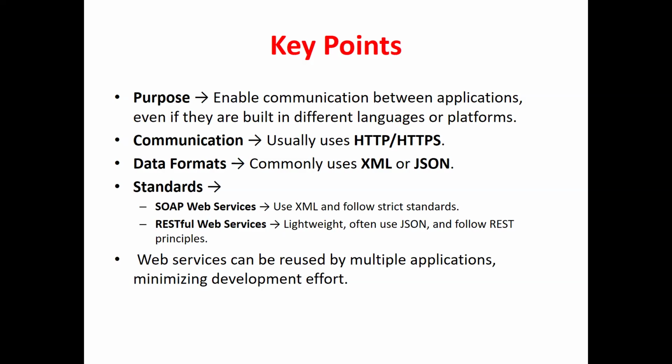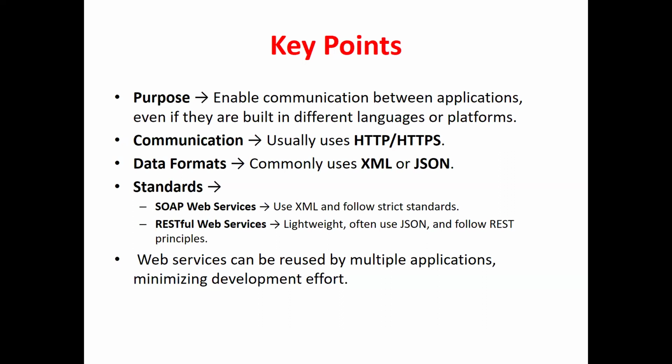So where do we use web services in real time? For example, weather information. Now you can easily get it from your Android phone or iPhone. You can estimate the weather information for tomorrow, like whether it is rainy or not. You can get it from websites, mobile phones, laptops, everywhere.